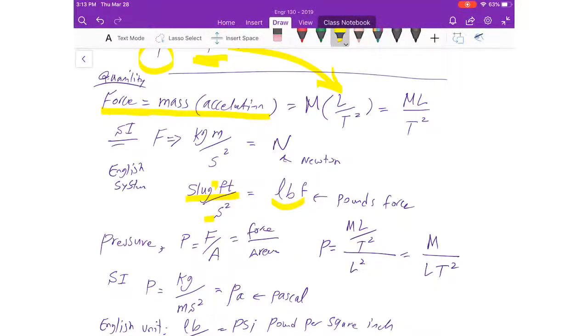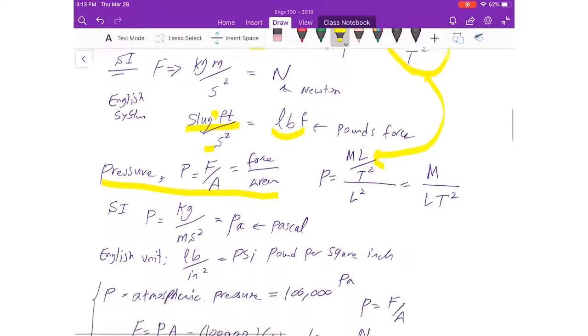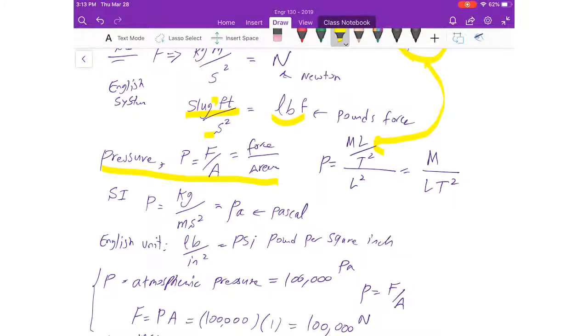Pressure is force over area, F over A. We already derived the force, kilogram meter per second square, or M L over T square. We can substitute it, and since we know area is L square, pressure will be M over L T square. In SI, we call it kilogram per meter second squared, which is the Pascal.